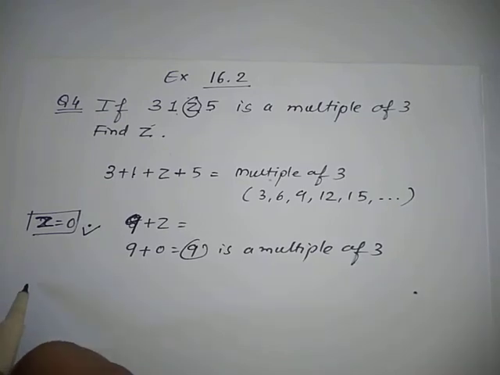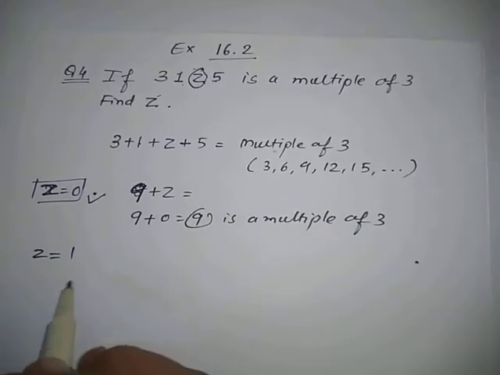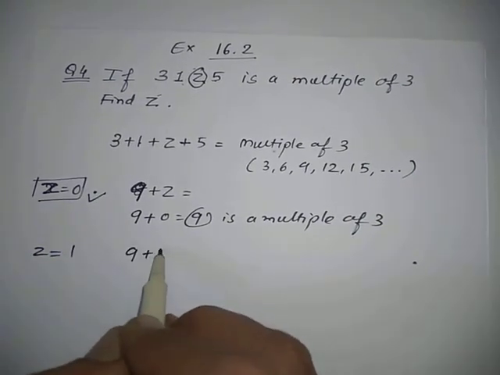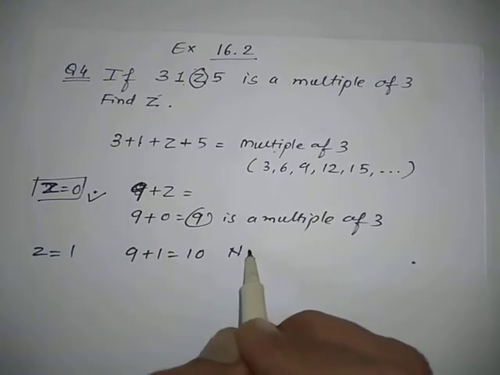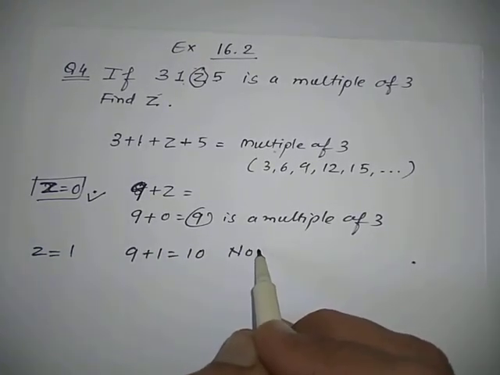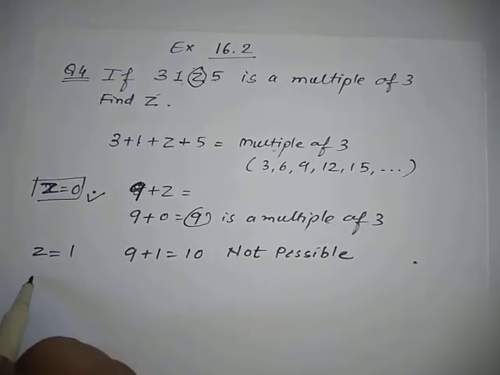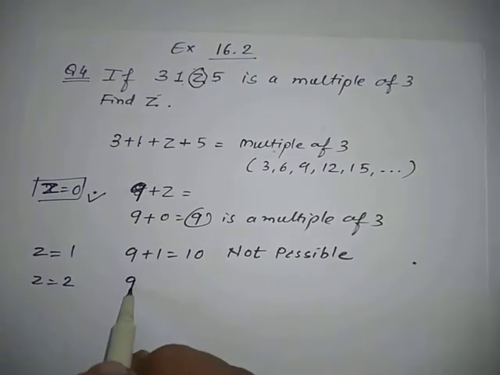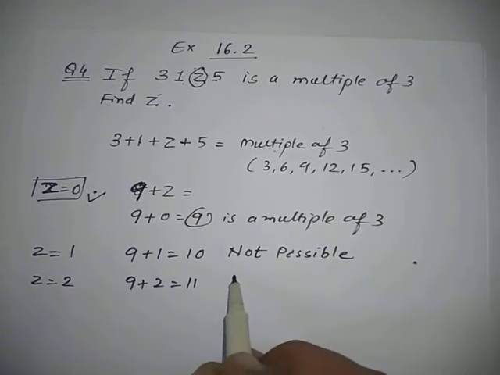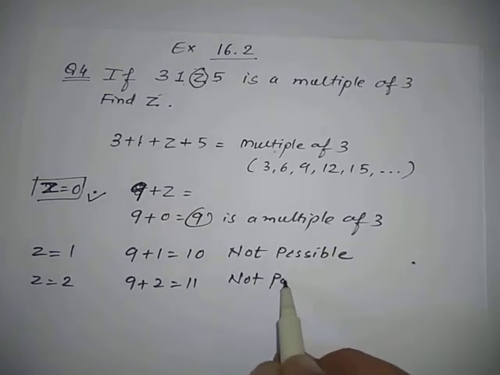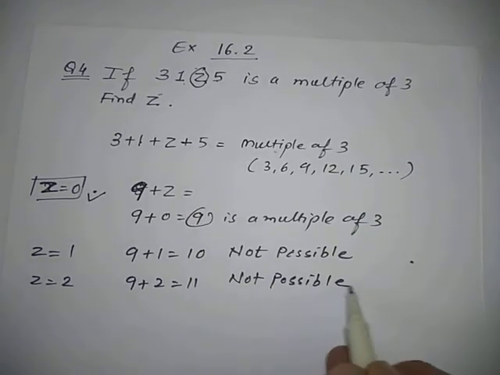Then if we take z is equal to 1, okay, so 9 plus 1, it will be 10. So it is not a multiple of 3, so not possible, it cannot be. Then z is equal to 2. If we take 9 plus 2, it will be 11, and 11 is also not a multiple of 3, so not possible.